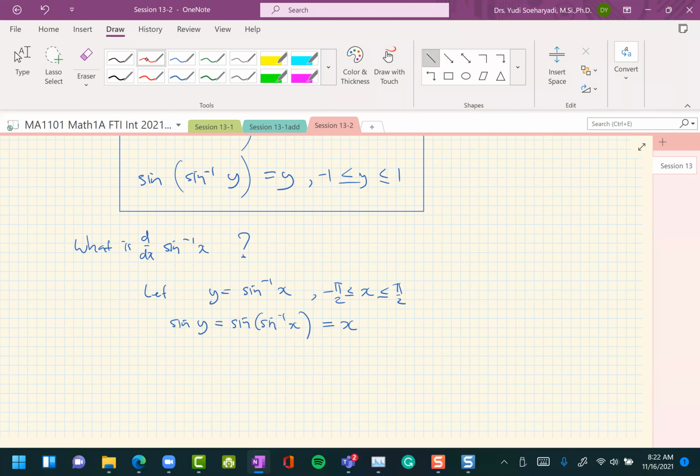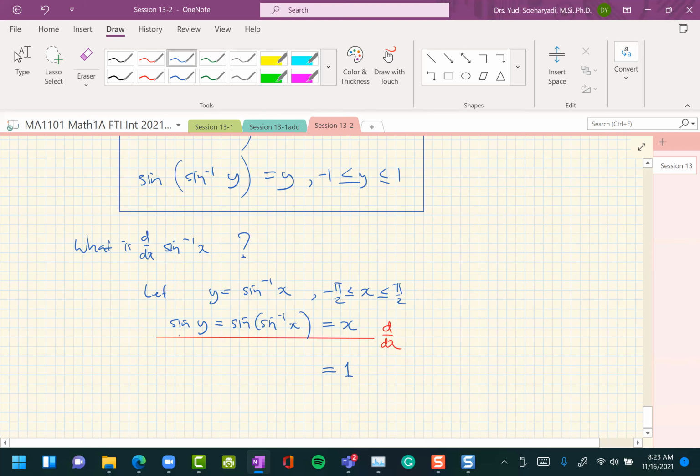And we apply d over dx to both sides. So this is implicit differentiation, remember? From chapter 2. The derivative of x, the right-hand side, is easy, it's 1.